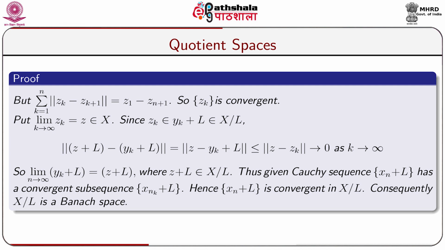Hence, xn + L is convergent in X by L. Thus, we started with a Cauchy sequence xn + L, which is now convergent to an element of X by L, and consequently X by L is a Banach space, that is, every Cauchy sequence is convergent to an element of the space X by L.